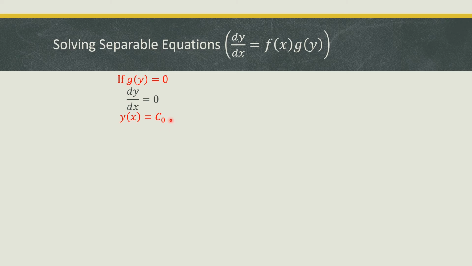Any constant here, when we substitute that here, will yield a derivative of 0, and therefore this derivative becomes 0, and this side is also 0. Therefore, we can say that y equals c sub 0 is a solution to this differential equation.